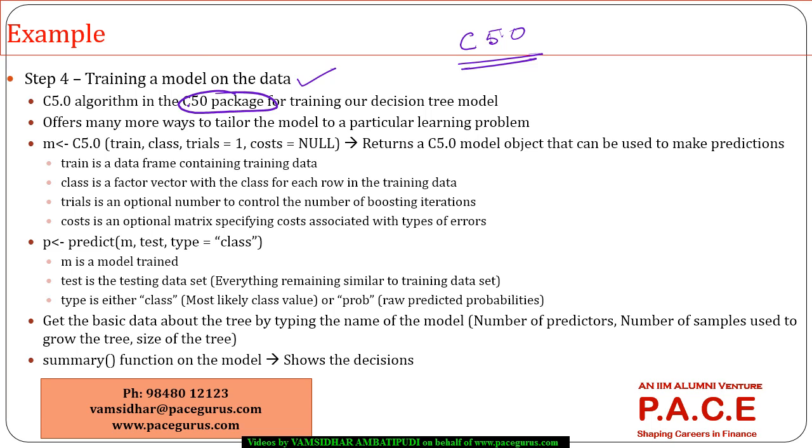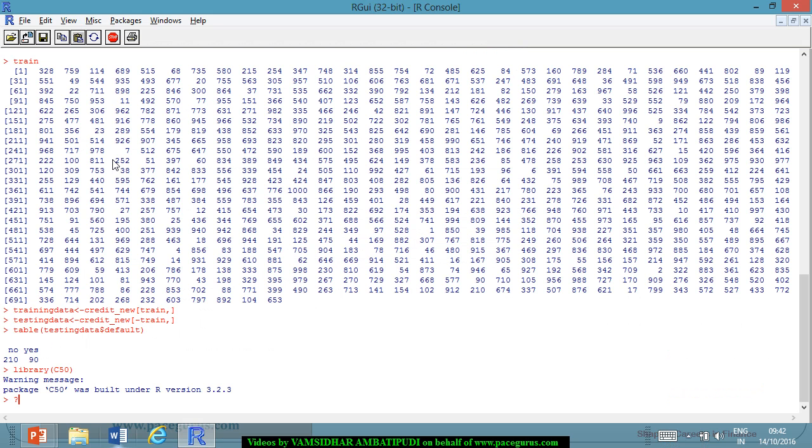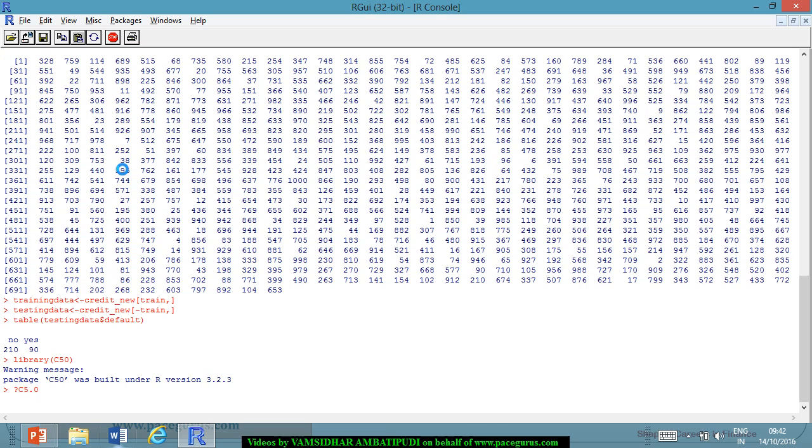Within that, C 5.0 is the name of the algorithm that we are going to use for creating our decision tree. Now C 5.0 as an algorithm gives many ways to customize the model. The best way to look at the syntax is always to give C 5.0 with a question mark.